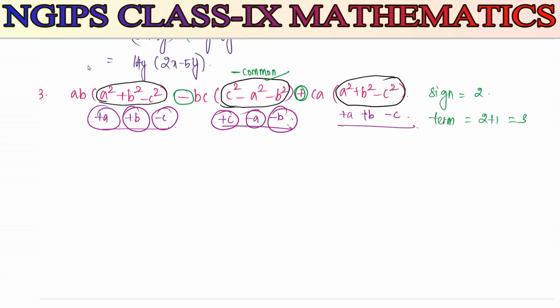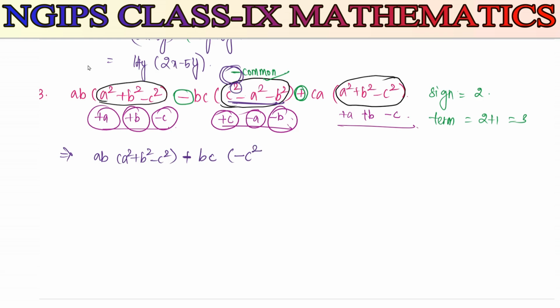When you take a minus common, let it be here ab into (a square plus b square minus c square). Already we have minus. When I take this minus common, here it will become plus bc. So inside the terms we have to change the sign, alternate sign we will get. When you have plus c, here it will become minus c. We have c square, right?